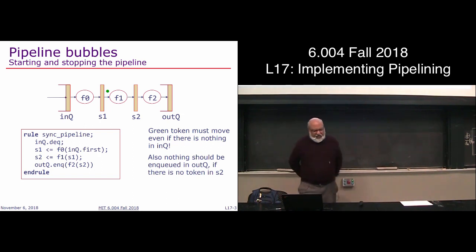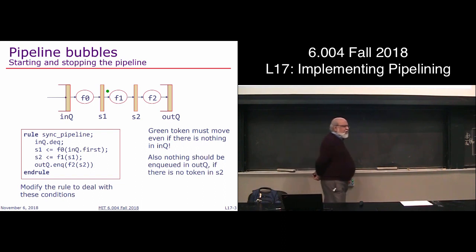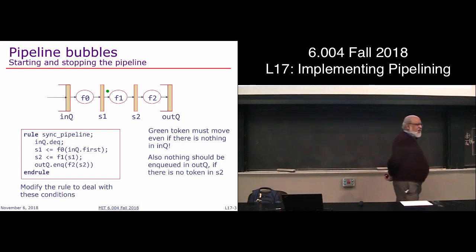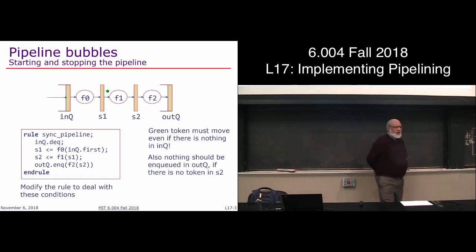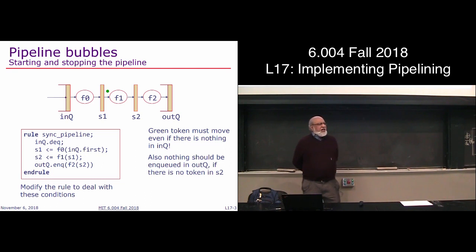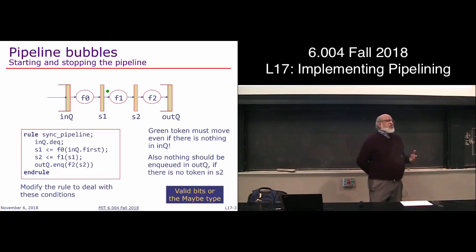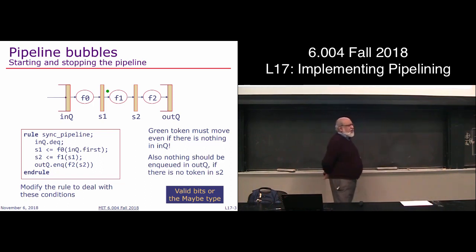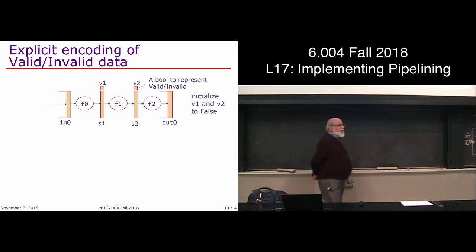So somehow we have to mark this. We want to modify these rules to be able to deal with this missing information, missing values, because we did not put in something in the pipeline every time. And the general solution to this problem is you associate some valid bit. You say, oh, register contains something or it doesn't, which I could have also encoded as a Maybe type. So let me try that.